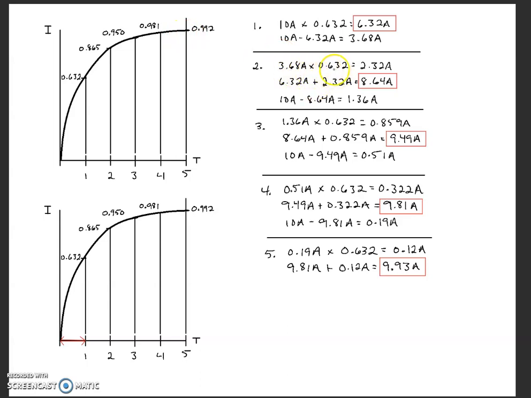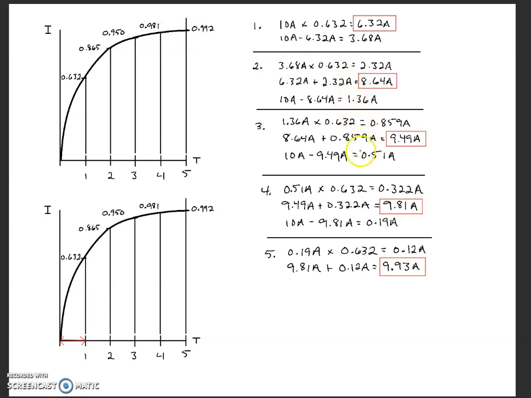So now what's going on is that 3.68 amps, 63.2% is what's going to, that's why these numbers are a little funky, but so 3.68 amps times 63.2% gives you 2.32 amps. So 6.32 plus 2.32, now you have 8.64 amps at the second time constant. So that, at this point, has built up to this value. So 10 minus that value, there's 1.36 amps remaining to build up.